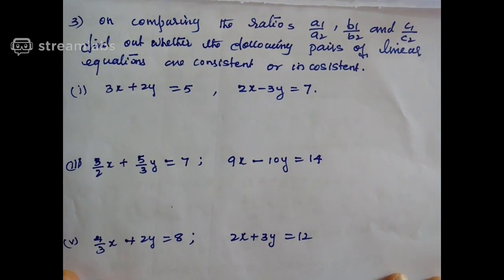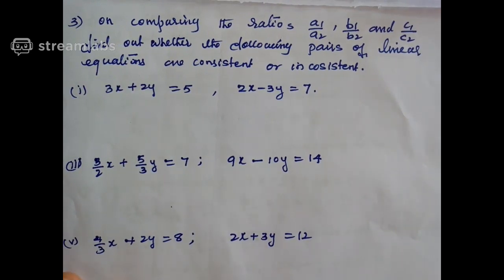Next, third question. On comparing the ratios a1 by a2, b1 by b2 and c1 by c2, find out whether the following pairs of linear equations are consistent or inconsistent. What is the condition for consistent?